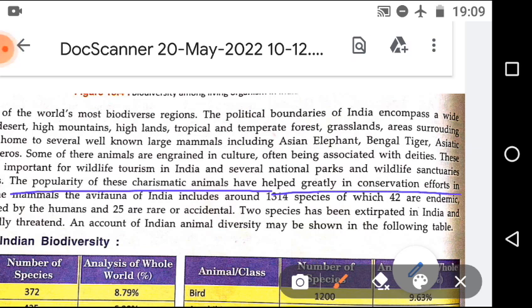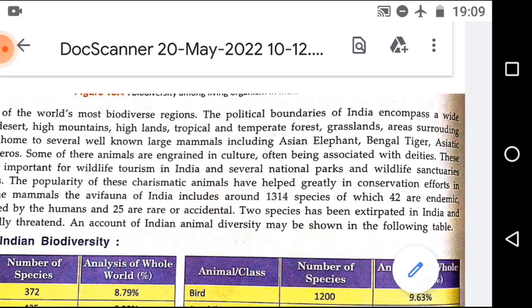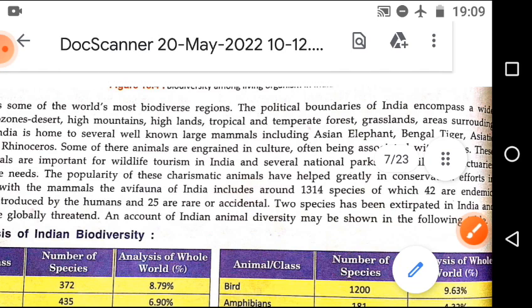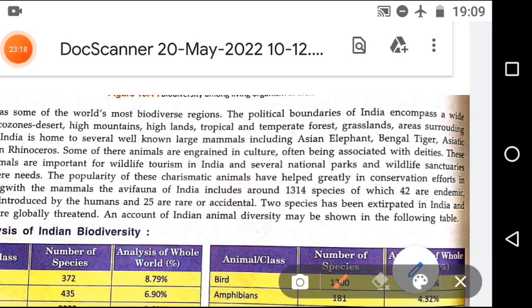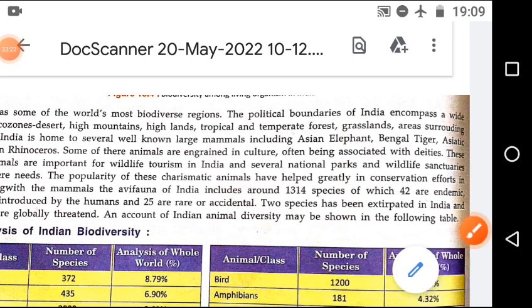So, because these mammals are popular in wildlife tourism, and also associated with and ingrained in the culture, that's why we are protecting these animals, actually by conserving them in India.